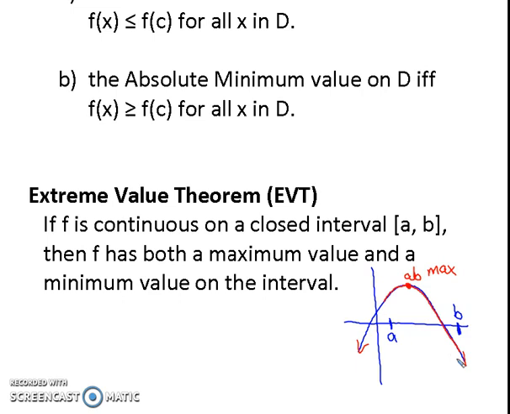But since we now have a closed interval that starts at this y value and ends at this y value, f of b is the absolute lowest y value for that entire interval from A to B. So simply by knowing that it's a closed interval, that guarantees for any function, as long as that function is continuous on the interval, that you're going to have both an absolute maximum and an absolute minimum, because it's possible that those absolute maxes or mins could occur at the endpoint of the interval.